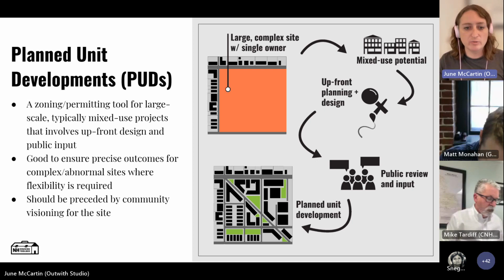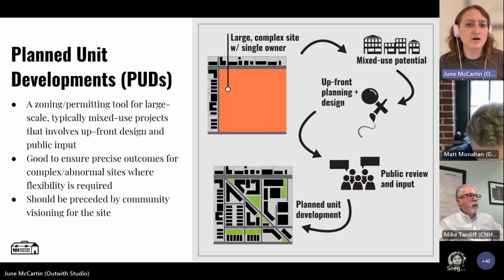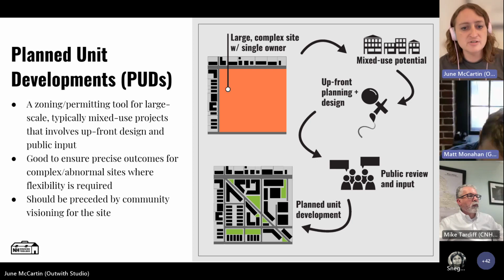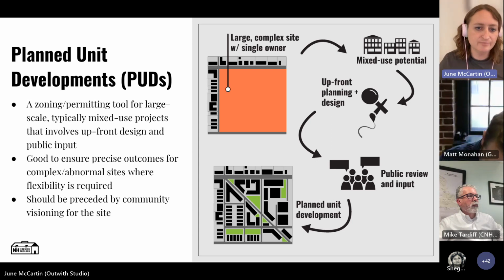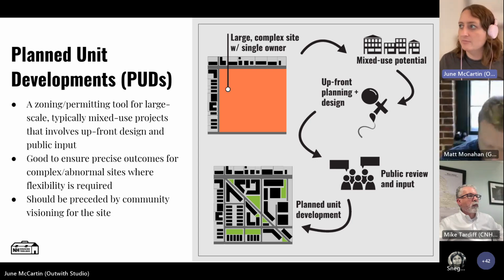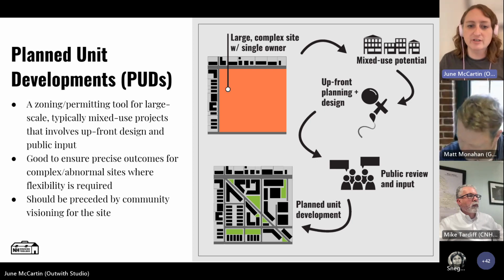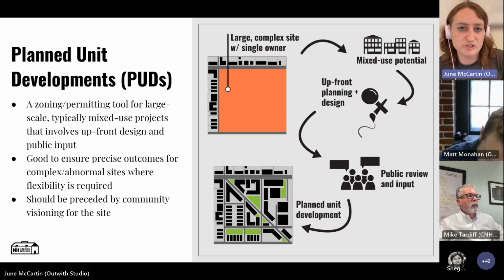Could be a small number of owners agreeing to undertake a complex project. And it's a way to have more flexibility in the design and outcomes for that large complex site, while ensuring that the community gets an outcome that is amenable to them.